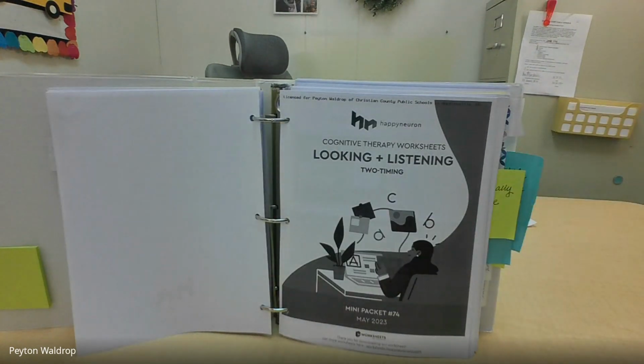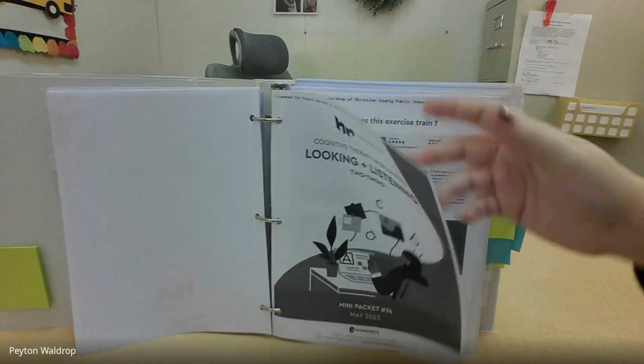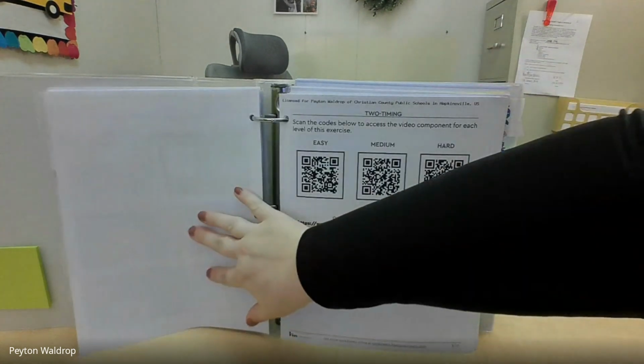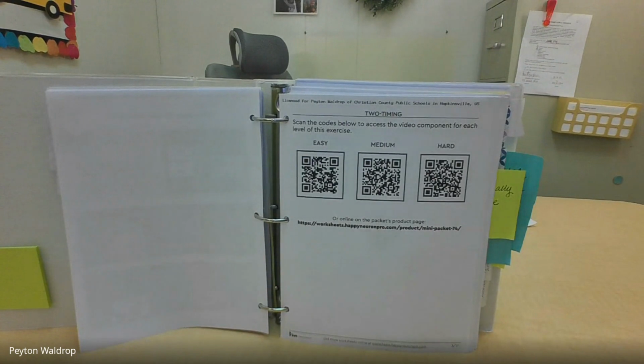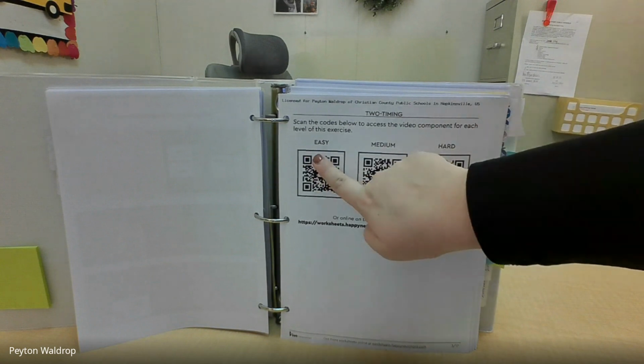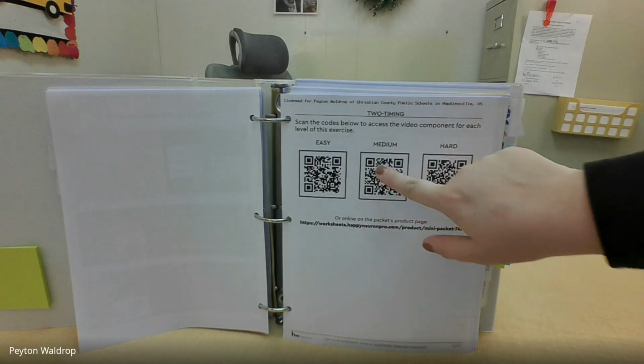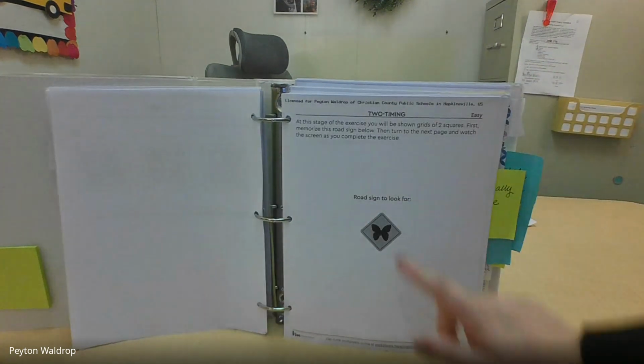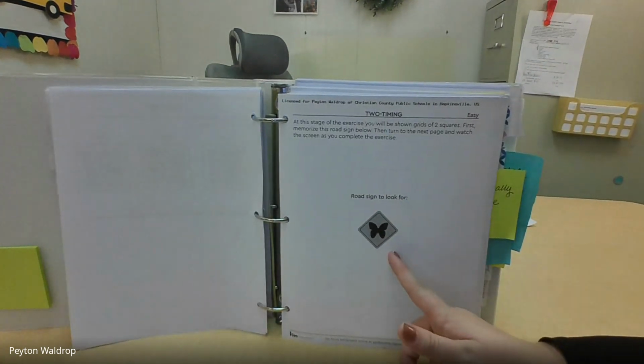All right, and here's my next activity. This is basically where the client will watch a video. And here's the easy video, QR, medium, and the hard. Once they've watched the video, they're going to be looking for something specific in that video.